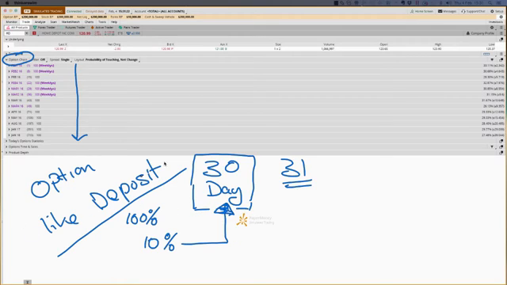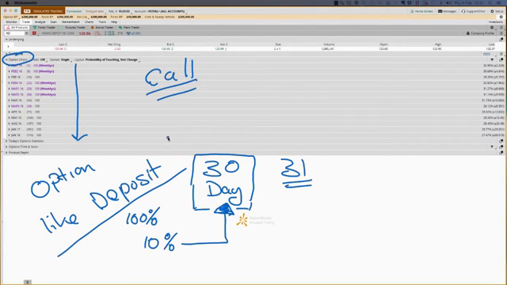So an option, like a deposit, in this example, gives me the right to buy, but not the obligation to buy. That's the fancy term. So the right, but not the obligation. So I'm putting a deposit down for the right to buy, but if I change my mind, I don't have to if I don't want to. That, in the options world, is called a call option.